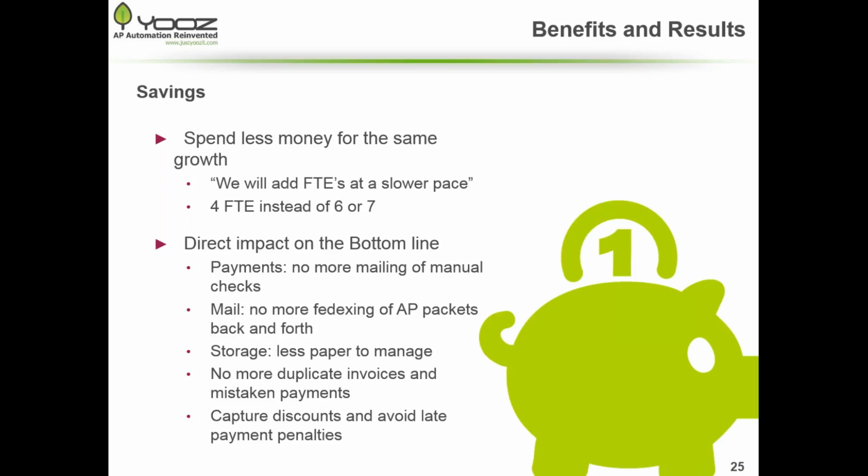No more mistaken payments, obviously. And they're just able to capture discounts and avoid the late payment penalties, thanks to all that tracking of the invoices and all the new speed that has been put into place due to all the automation thanks to Use.